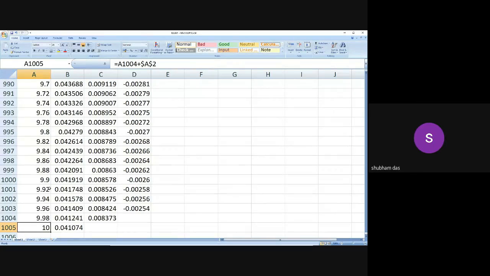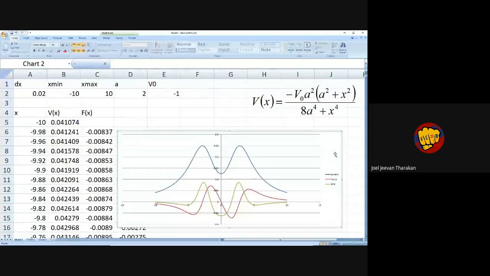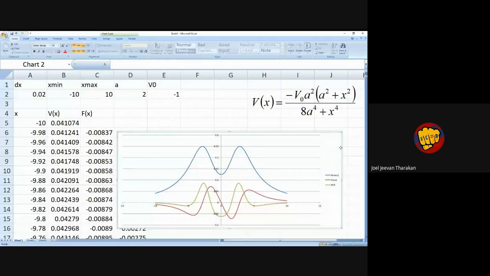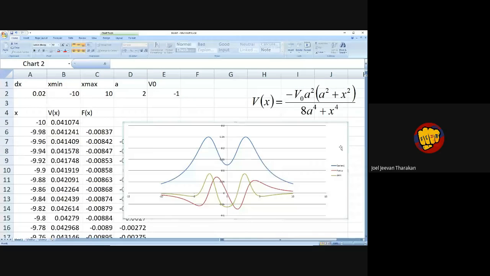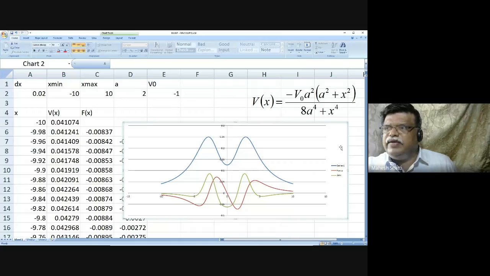Excuse me, sir. Can we calculate higher derivatives without calculating the first derivative? Yes, it is possible in a way, but in numerical method, you will have to calculate.